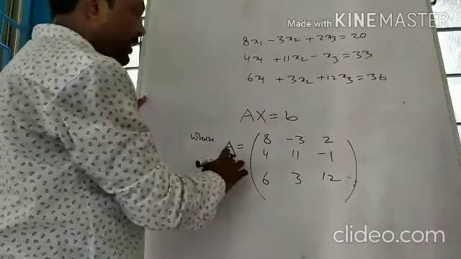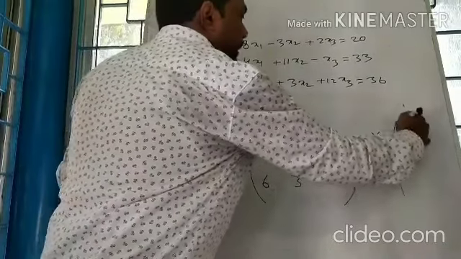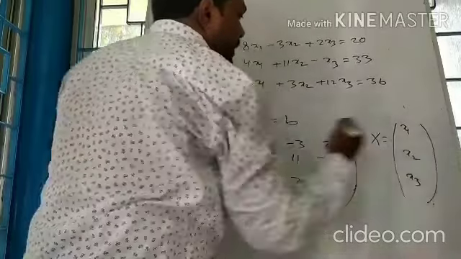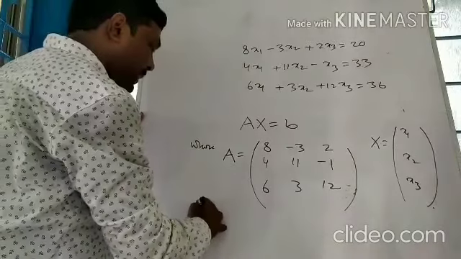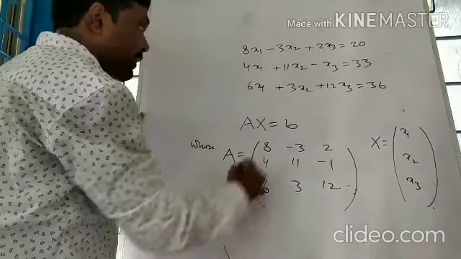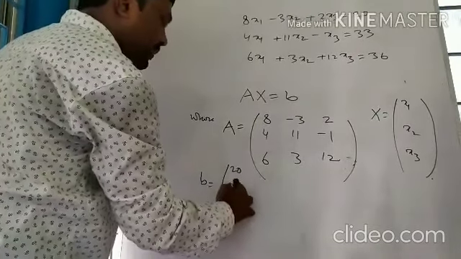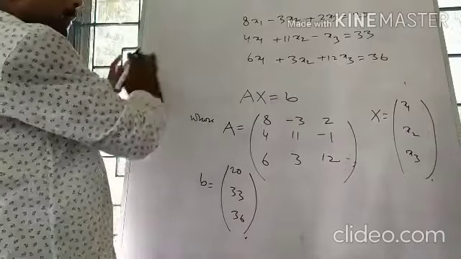This is the coefficient matrix, and the vector x is the vector x1 x2 x3. This is the vector capital X, and the vector b is 20 33 36. This is the vector b.